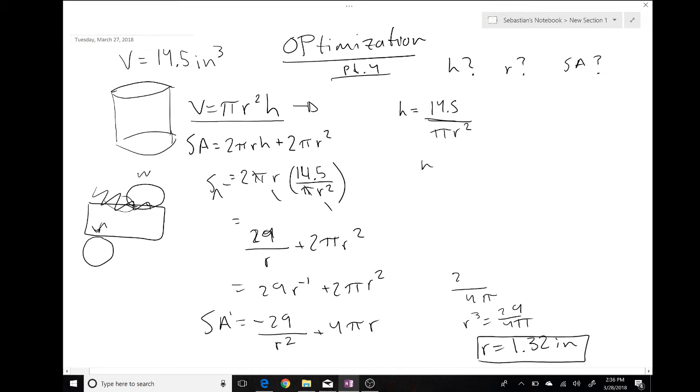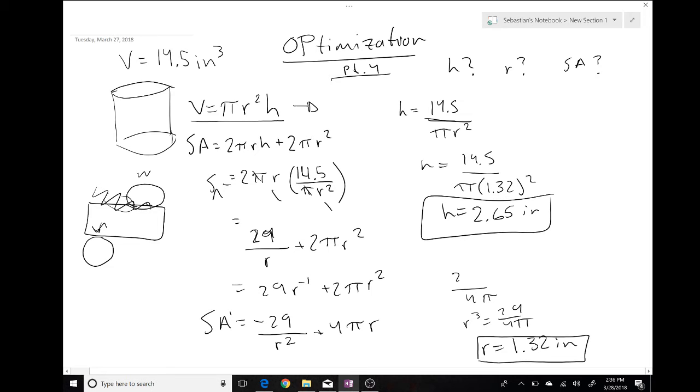So now we put h equals 14.5 over pi times 1.32 squared, which gives you the answer of height being 2.65 inches. So that is your height.